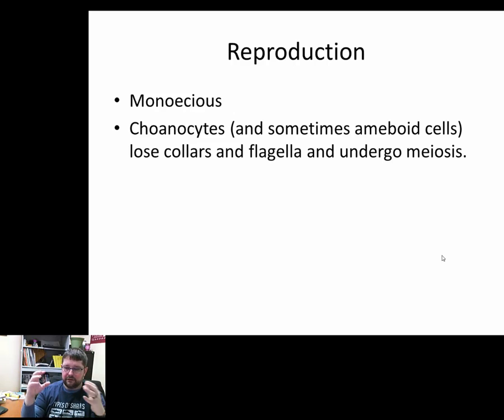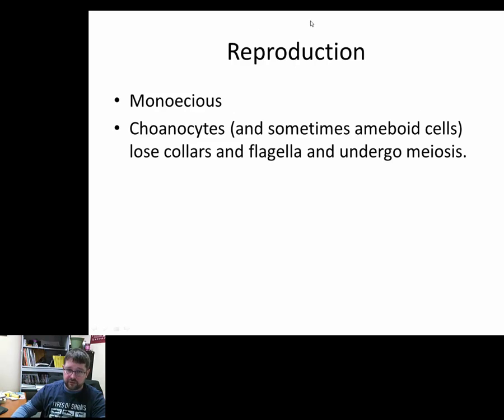Often, the protein coating on the sperm won't even be recognized by their own eggs, so they won't have the right bindin, which is a protein coating, or they won't have the right lysin, which allows the sperm to enter the egg. But nonetheless, porifera are monoecious, in which they are both male and female.